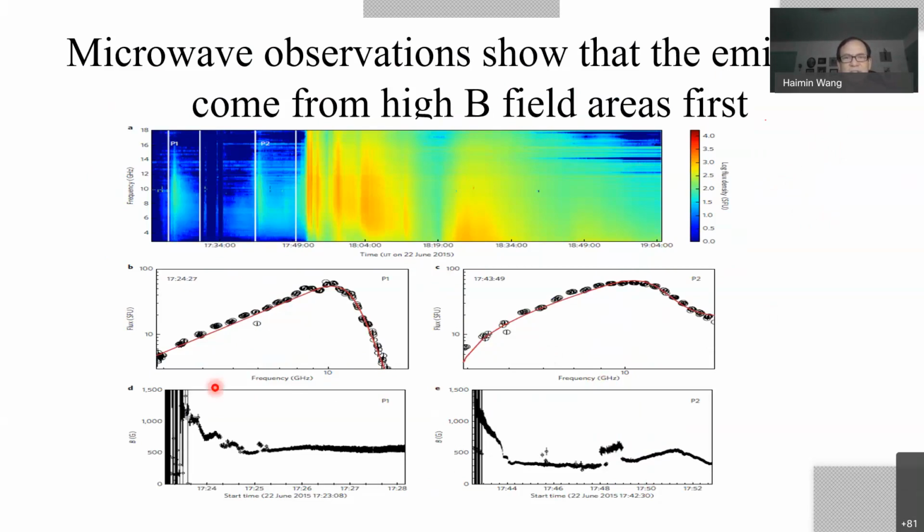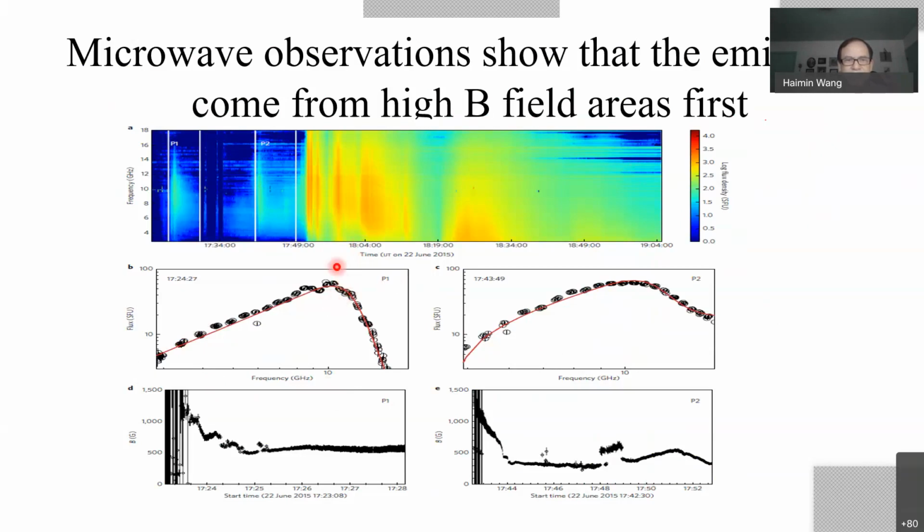At that time, we used the power law, total power to derive several important parameters. One of them is the magnetic field of the flaring source. Since the precursor is very much concentrated.